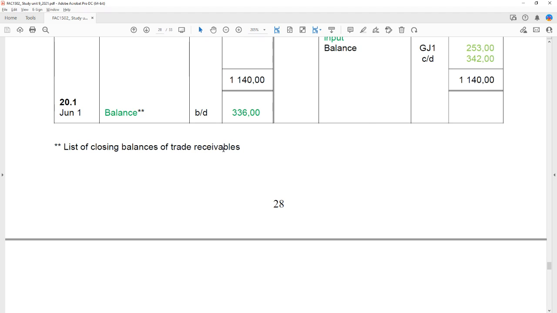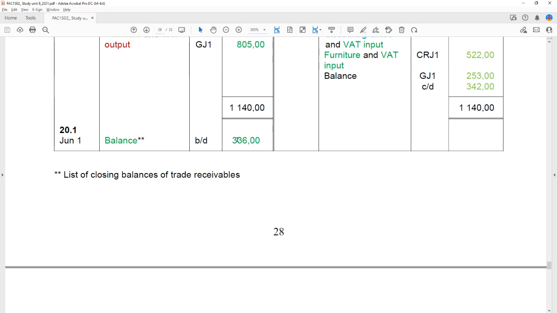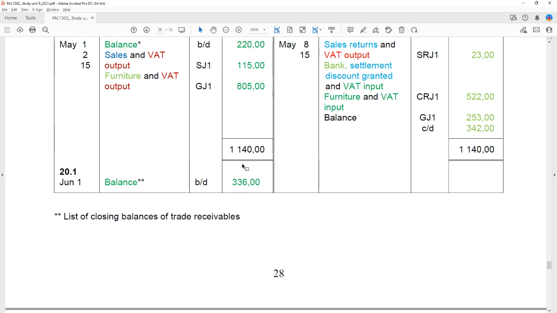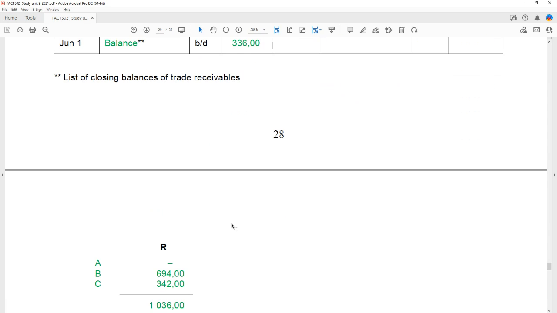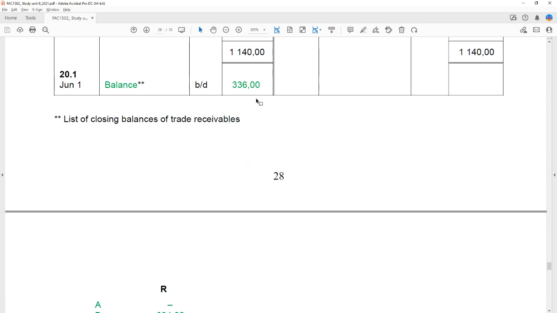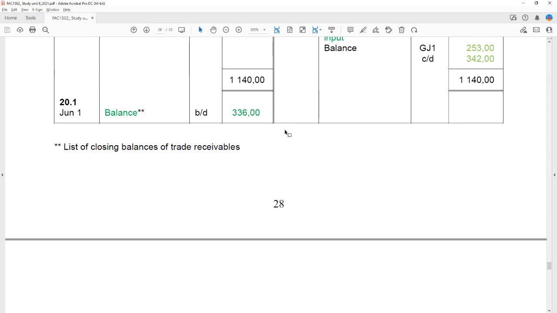So we will look at the reason why there's a difference in that. My 342 would have been my balance brought down of 342, but according to this, it's now 336. So we will have to go and look and see what's the reason for this not showing 342.